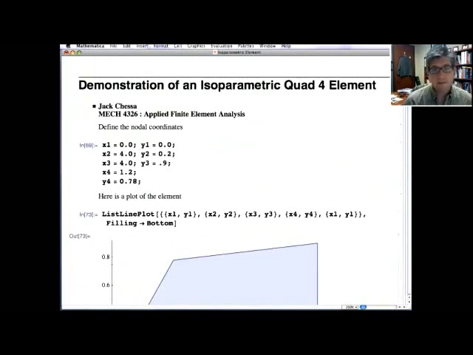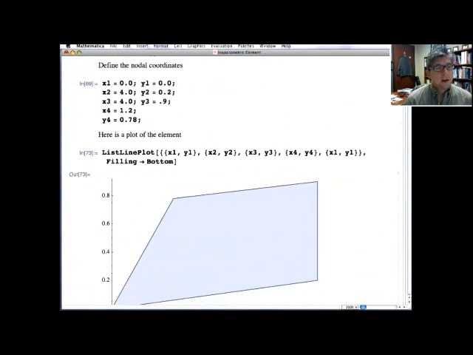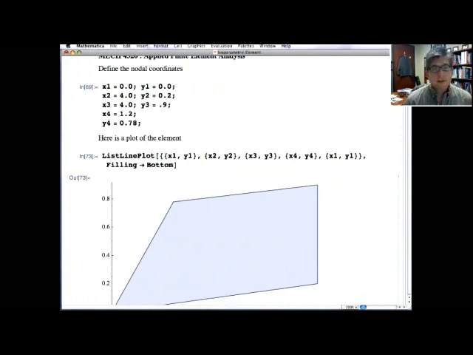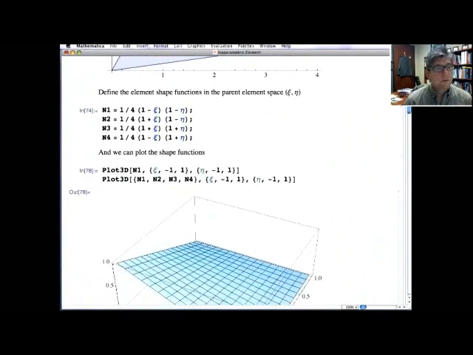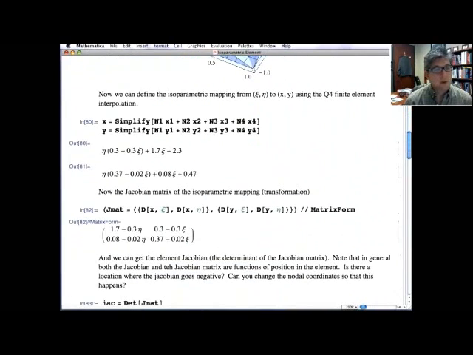Again, just to go over the steps. First, we define the coordinates. Once we know the coordinates, we also have hard-coded the shape functions, and actually that can be done before if you want. From the shape functions and the coordinates, we can get the mapping, x as a function of psi and eta. From that, we can then get the gradient, or the tangent map, which is the Jacobian matrix.